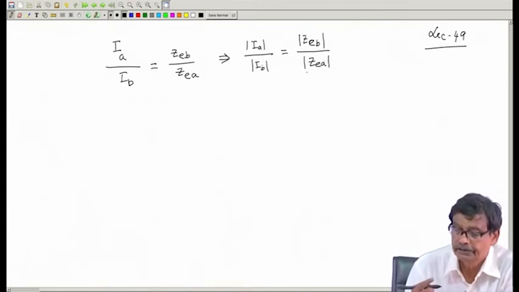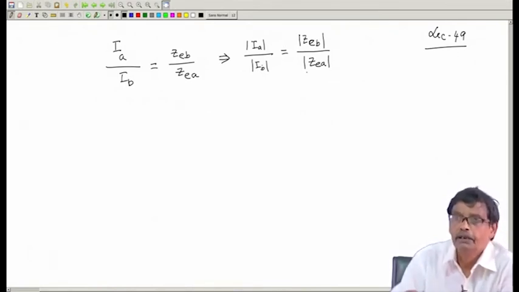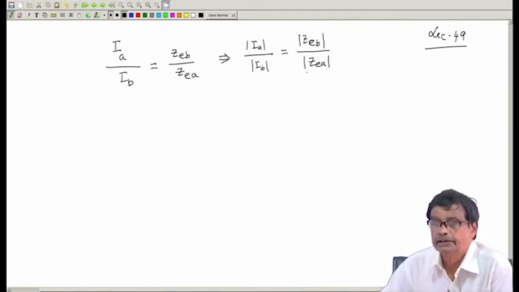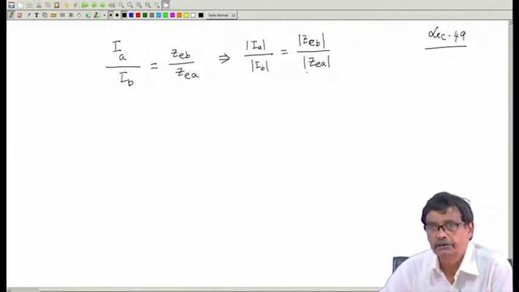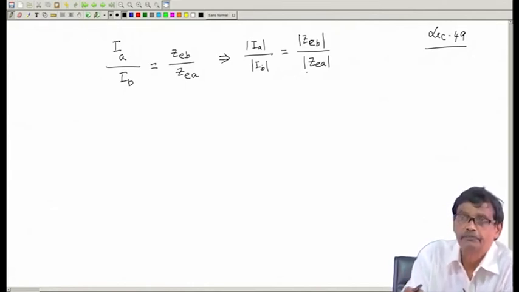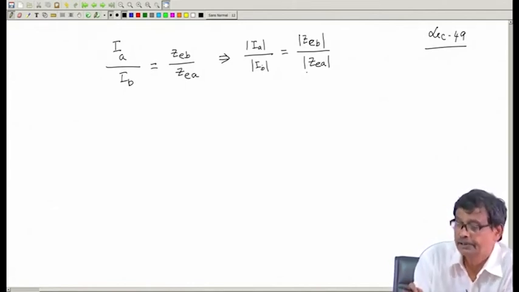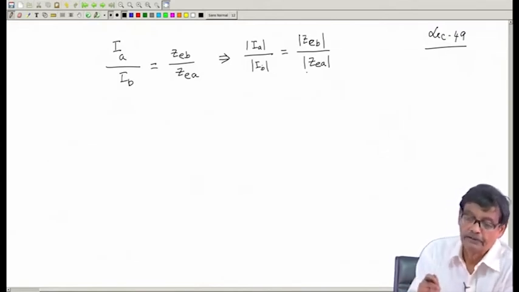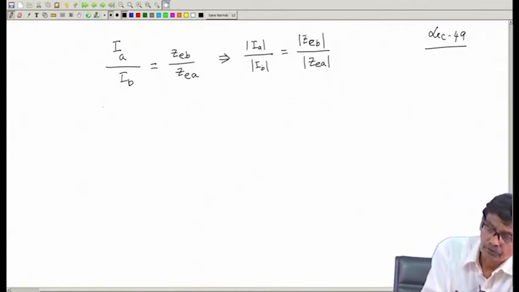From this equation, we will also put another condition on those two transformers A and B for better load sharing. What is that condition? We can get it from this equation. That is why this equation is important. Now, suppose you have two transformers.